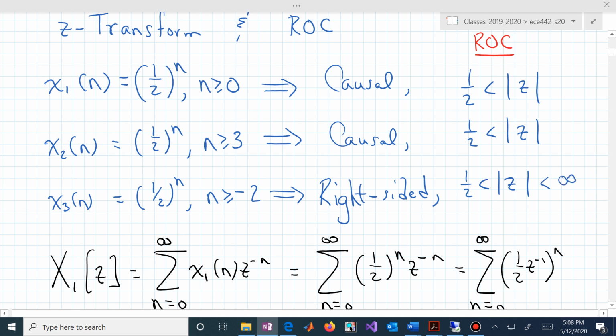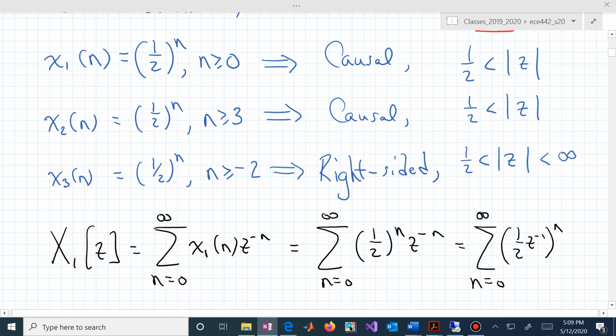We have to bound it, so we have to keep that extreme value of infinity away from the region of convergence. Infinity cannot belong. So you'll need to be able to do this for the anti-causal or non-causal, and then the corresponding left-sided sequences, where those then cannot possess the extreme value of z equal to 0 in the region of convergence.